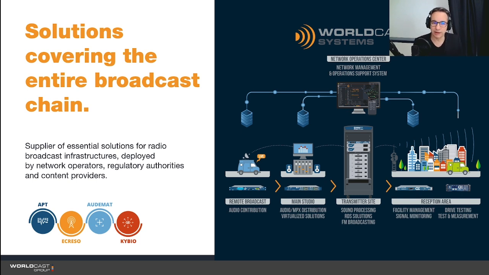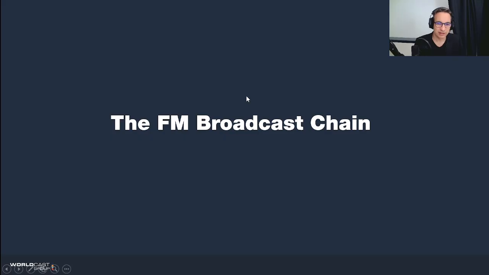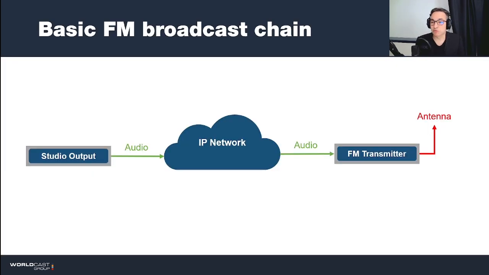But let's go with the presentation quickly. So first of all, let's start with the FM broadcast chain as a very basic statement to start with. Usually the FM broadcast chain is built with a studio which is providing the audio content.